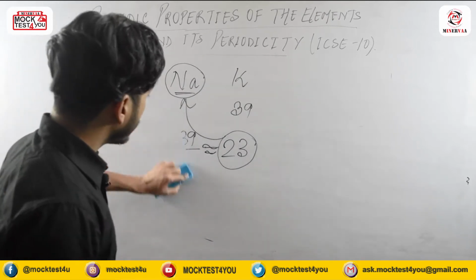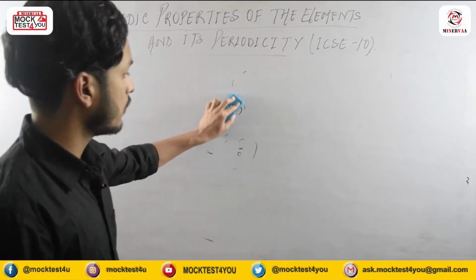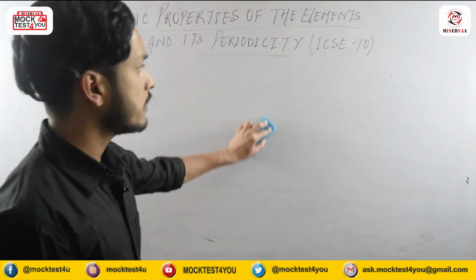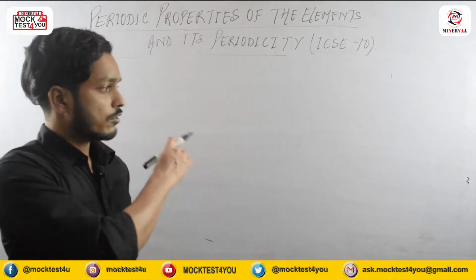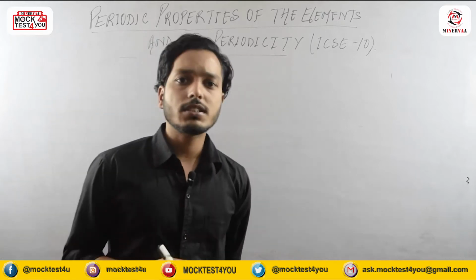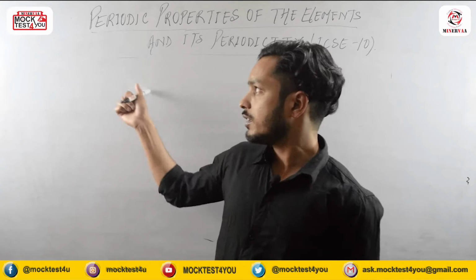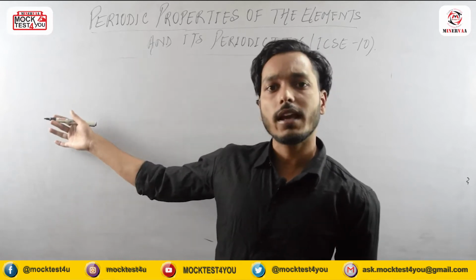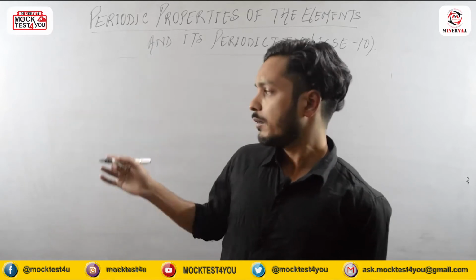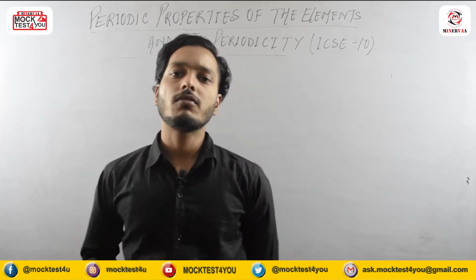But this Dobereiner triad has a drawback also, because the periodic table we are seeing nowadays is different, it is not like Dobereiner's. So what were the limitations of the Dobereiner triad? The first limitation was that we cannot place all the elements according to the Dobereiner triad, because the system Dobereiner gave was not applicable to all the elements.